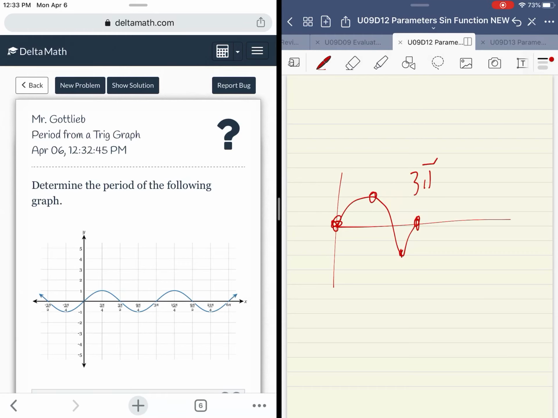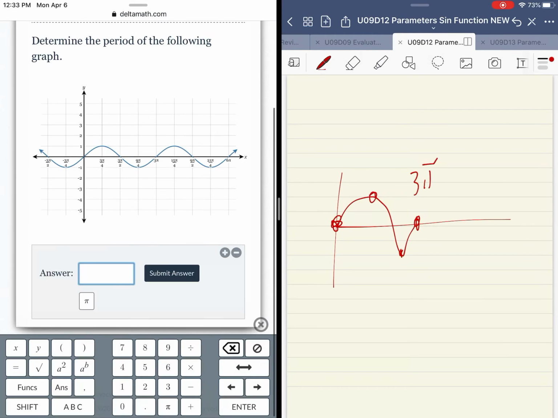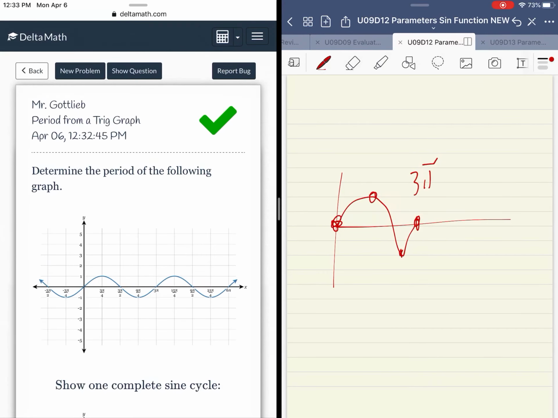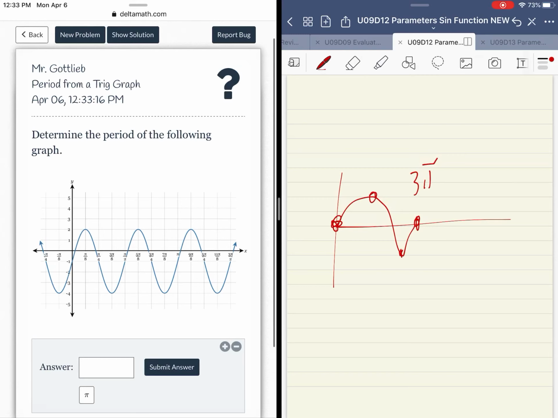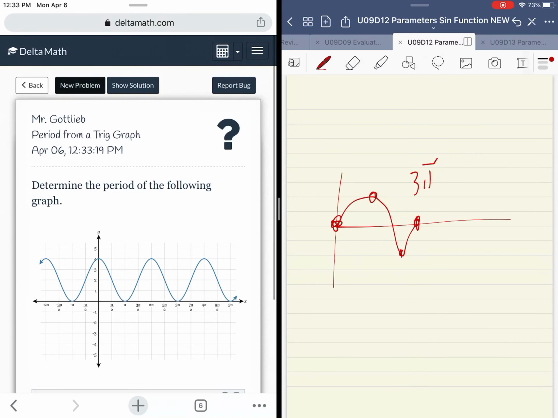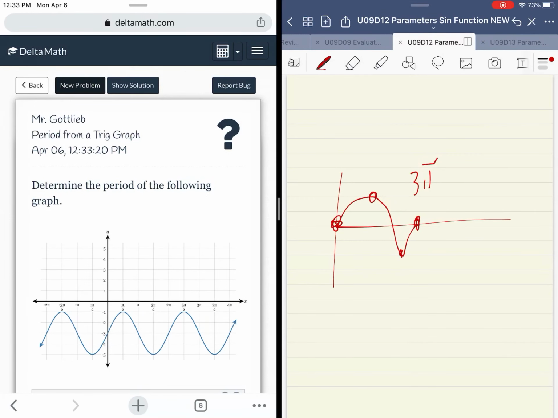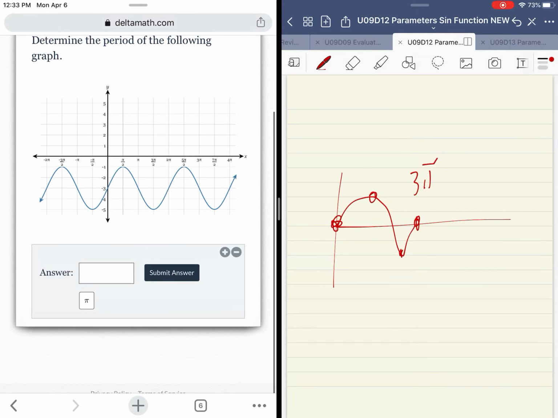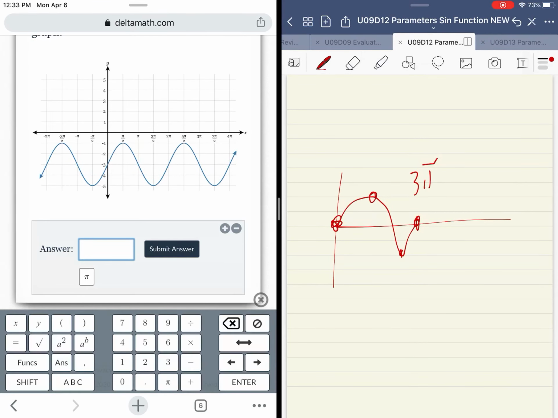That's the period, so we're going to write 3 pi. This one says find the period. I'm just looking if any of them say find the frequency, which they don't, which is fine. Finding the period shouldn't be too hard. This one completes the sine curve at 2 pi as well, because we can see it does the up and down, and it finishes at 2 pi.